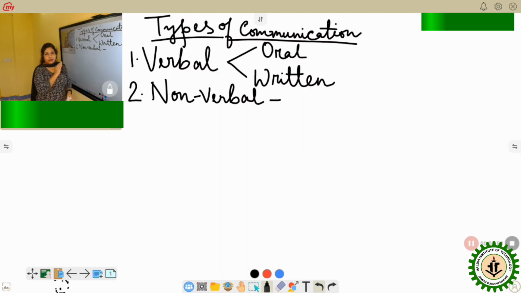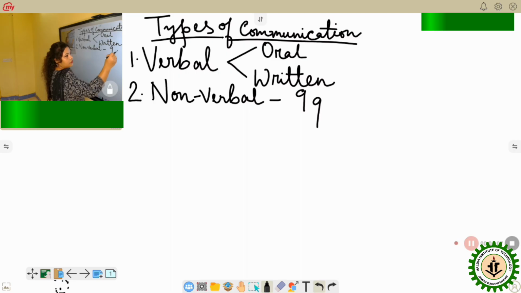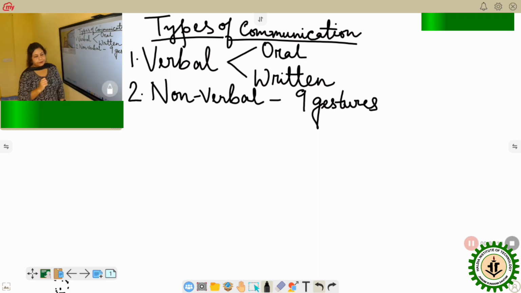That refers to non-verbal communication, basically body language and gestures. Now, under non-verbal, we have 9 types of gestures, which I shall be focusing on in my next lecture.